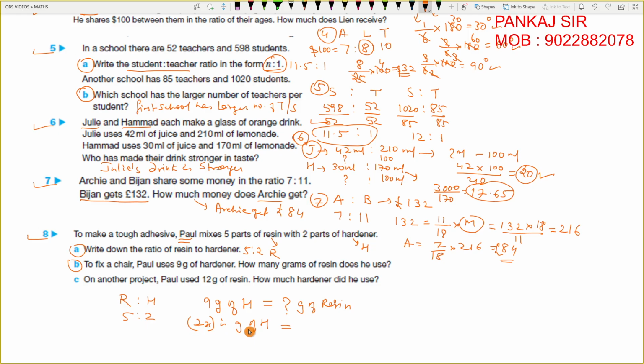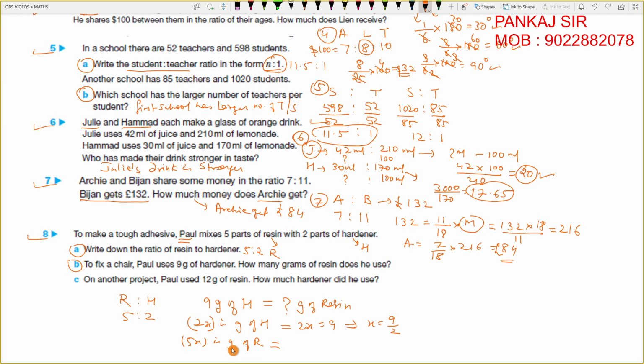So 2x is the amount of hardener in grams, and 5x is the amount of resin. Now 9 grams of hardener means 2x is equal to 9, so x equals 9 over 2.